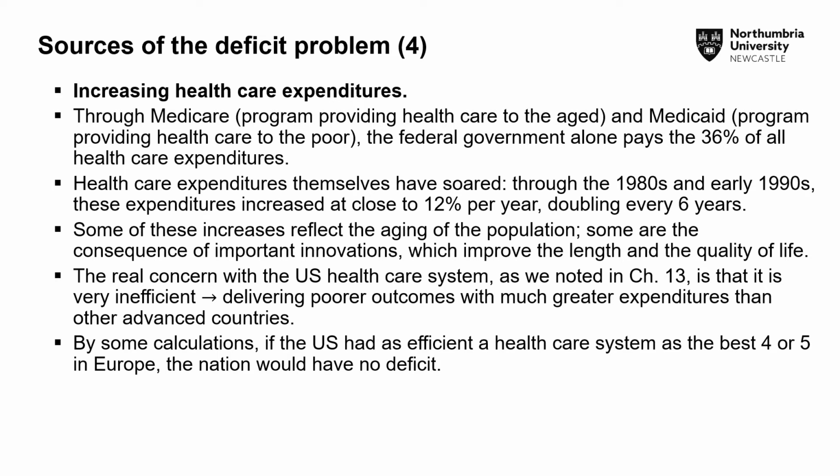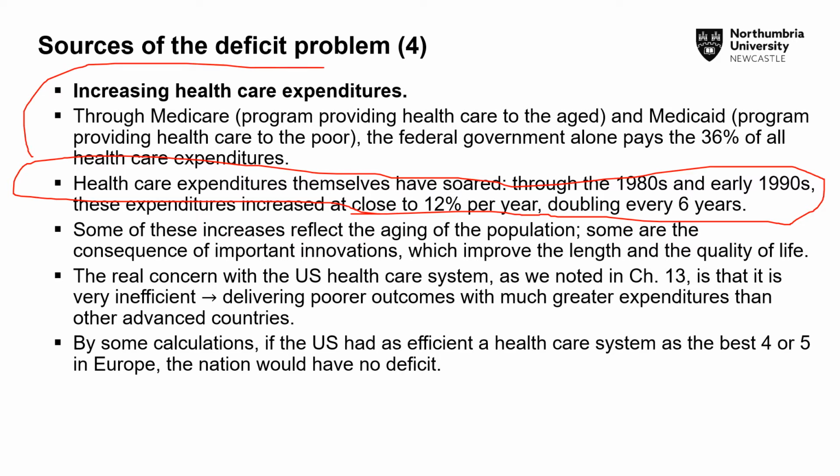Through the 1980s and early 1990s, these expenditures increased at close to 12% a year, doubling every 6 years. So that is why we are seeing an increase in health expenditures. Of course, this is related to what we outlined on the previous slide. Some of this can be related to an aging population.